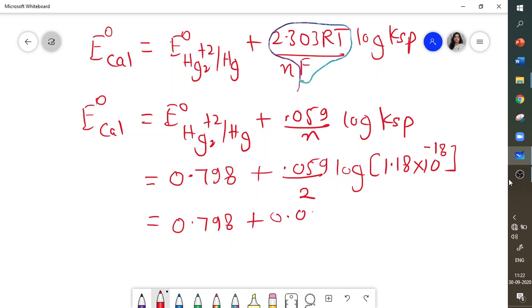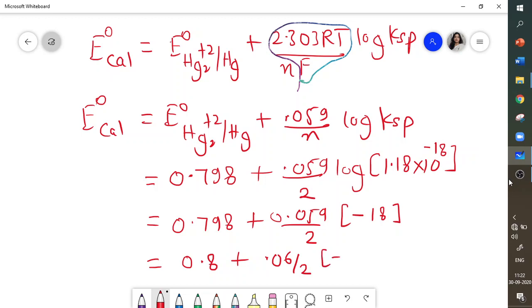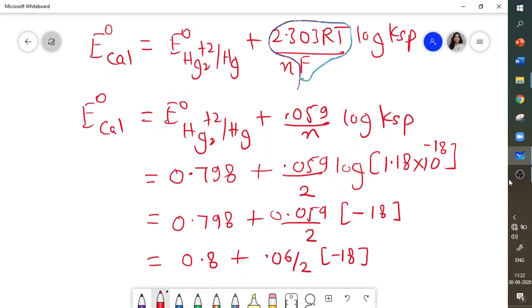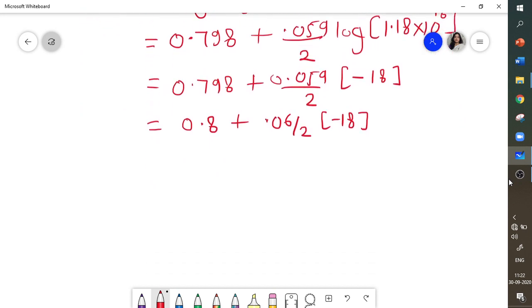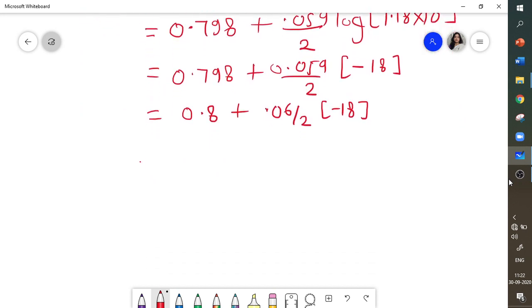I'm just taking the log value of this, which will come as approximately minus 18, or you can write 17.9, that is the exact value, but I am writing minus 18. So we are writing 0.8 plus 0.06 divided by 2 into minus 18.